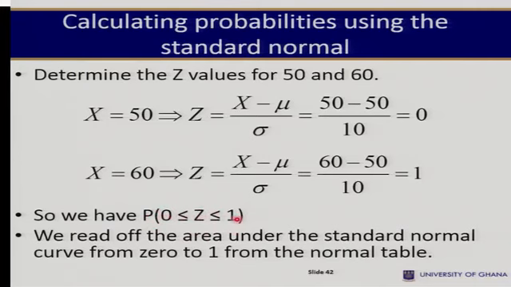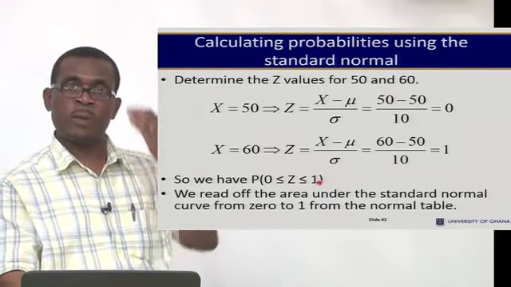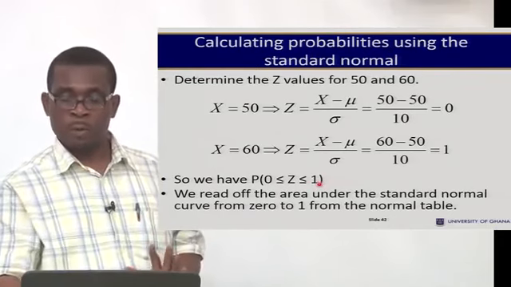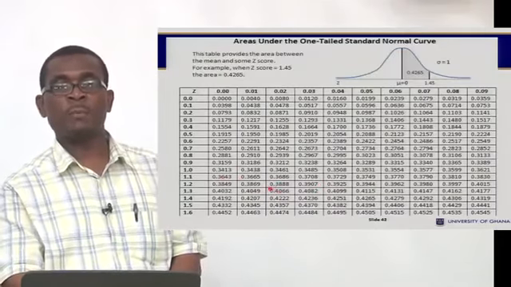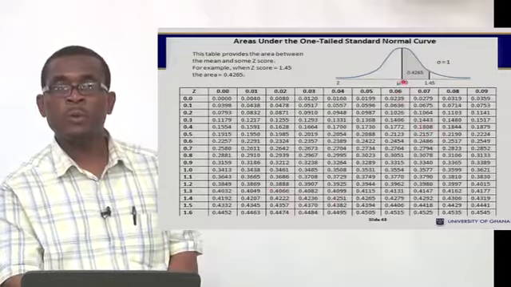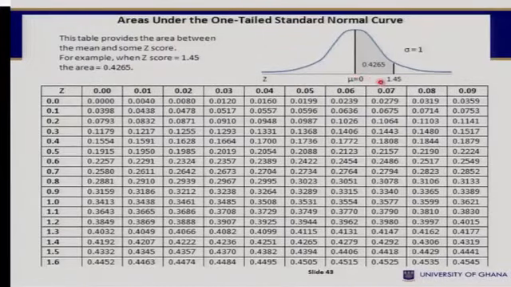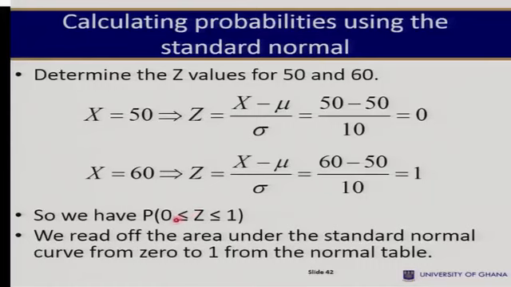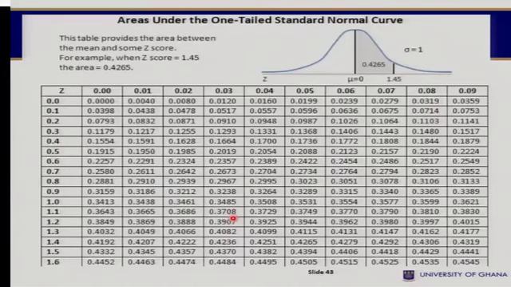So the problem which says probability of X between 50 and 60 reduces to the probability of Z lying between 0 and 1. And then you read from the table, because this half table gives the probability from 0, which is the lower bound, to an upper bound. In this example, the lower bound is given, which is 0. So all you need to do is to read for the upper bound of 1. 1 is the same as 1.000, right?